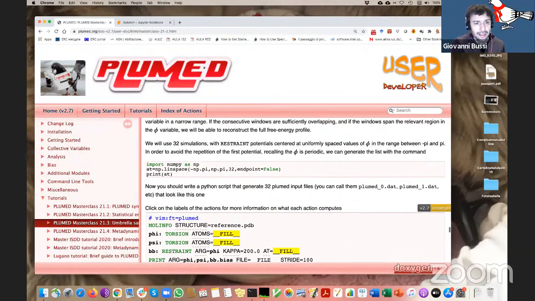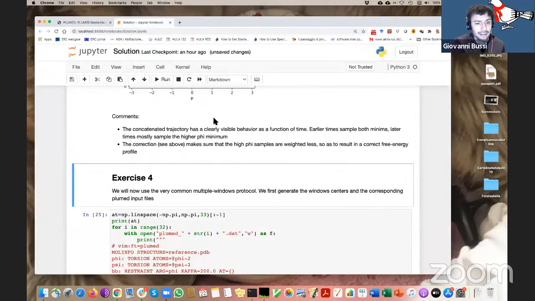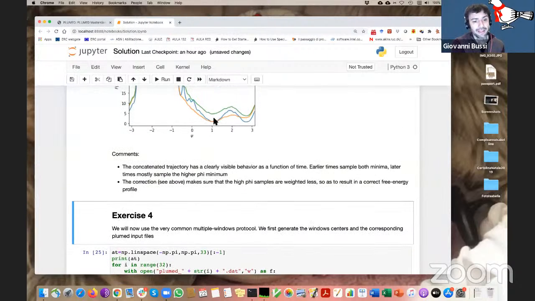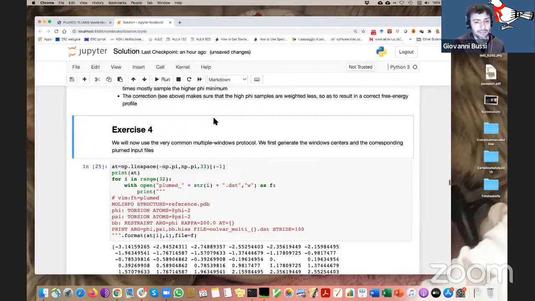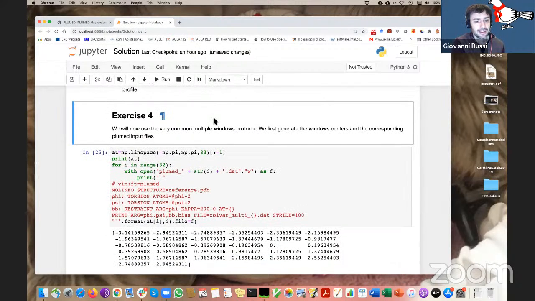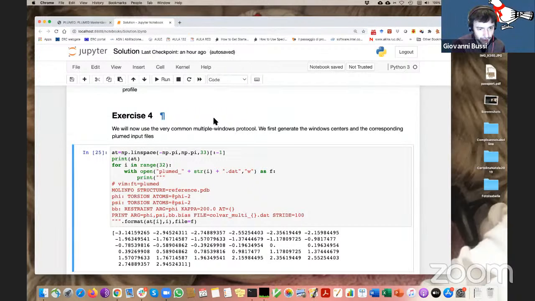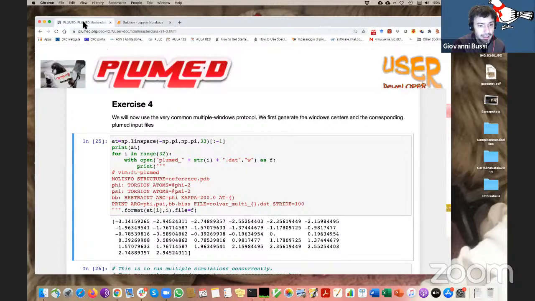So the idea here is that it's actually very difficult to build a bias potential that does what you want. And so it's much more common to build bias potentials that do what you want in some narrow window, and then build your list of potentials so that the windows are overlapping, and exploit WAMP in order to take the combination of all your trajectories.